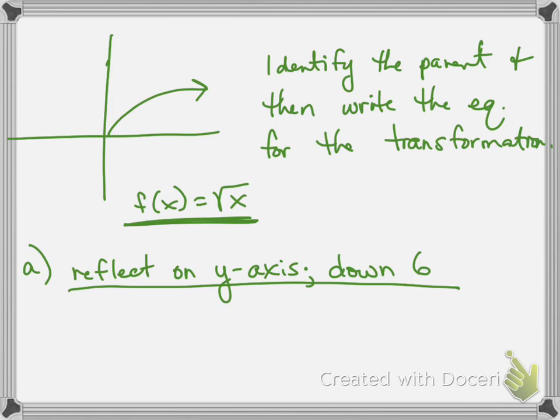Reflection on the y-axis means it's multiplying by a negative, but since we're reflecting horizontally across the y-axis, the negative would be inside with the x. And a vertical shift up and down 6 would just be on the outside of the function. Whoops, down, -6.